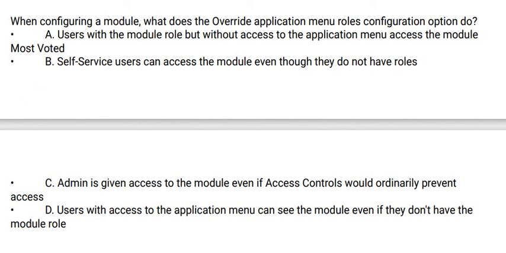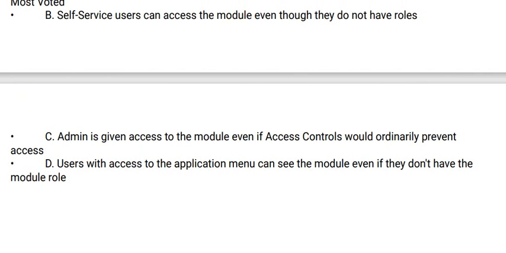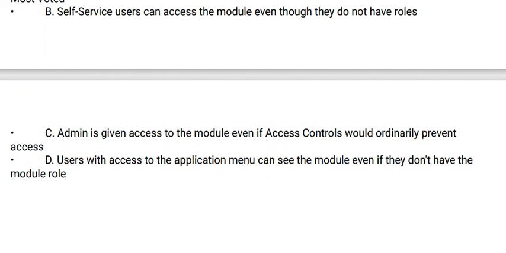Option C, admin is given access to the module even if access controls would ordinarily prevent access. And option D, users with access to the application menu can see the module even if they don't have the module role. And the correct answer is option A.